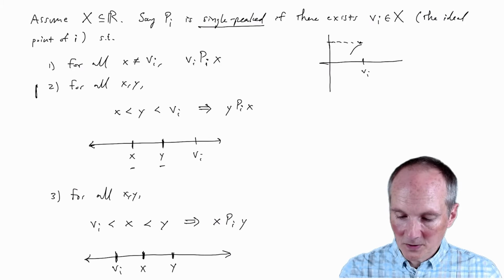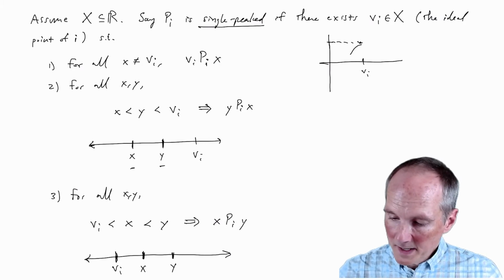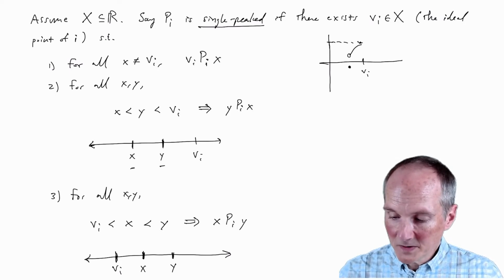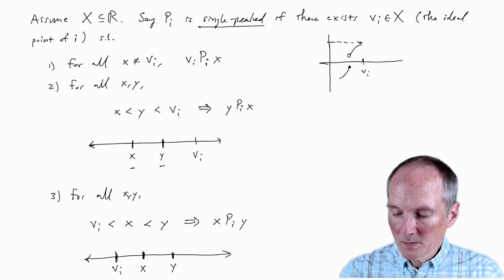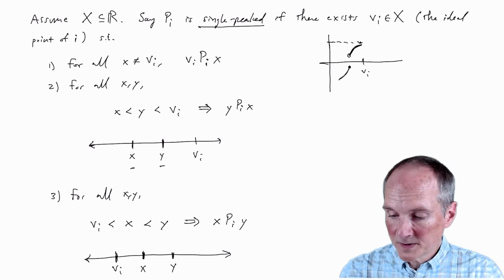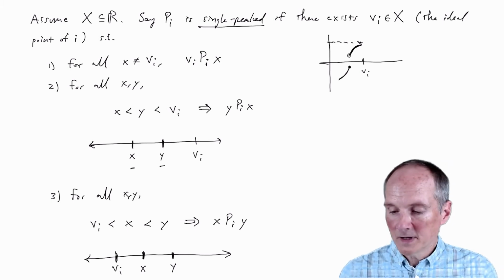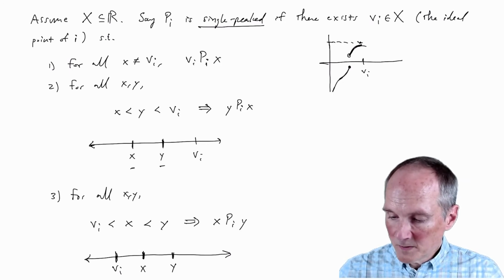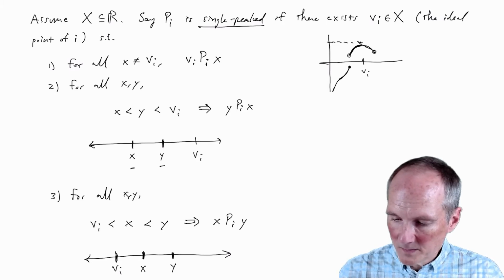That's condition 2 here kicking in. And I should say, I usually draw nice continuous utility functions. It doesn't have to be continuous. We're not even assuming that. But we are assuming with single-peaked preferences that if you keep moving to the left, the utility goes down. If you move to the right, the utility goes down as well.